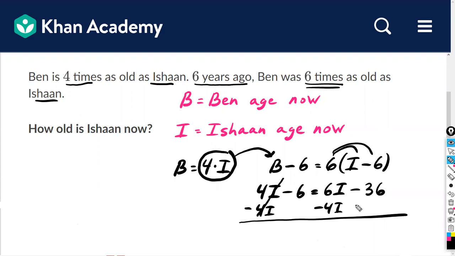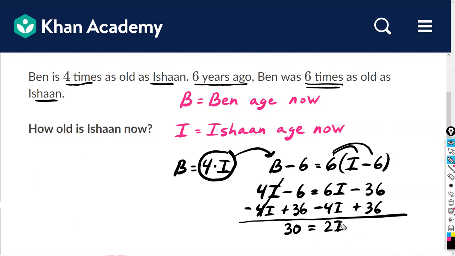So the opposite of minus 36 is plus 36. Okay, negative 6 plus 36 is 30. Bring down the equal sign. 6I minus 4I is 2I.